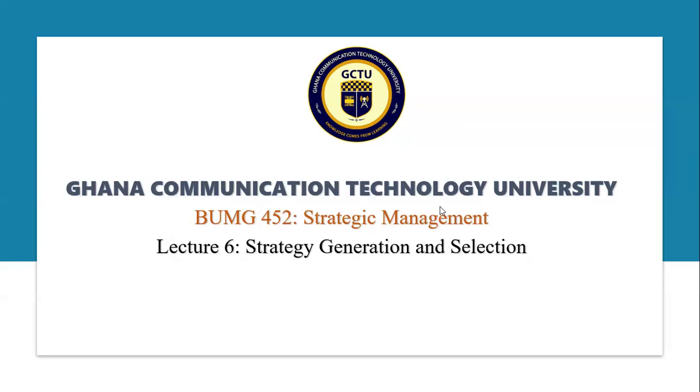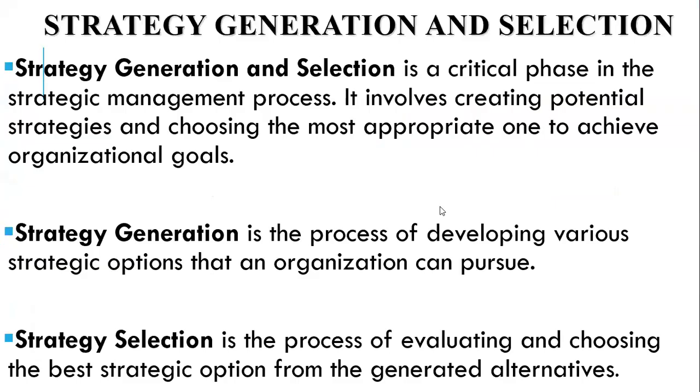All right, so what is strategy generation? Strategy generation can be simply explained as the degree to which the various strategic options are unbundled for an organization to clarify which one will be more appropriate for its venture.